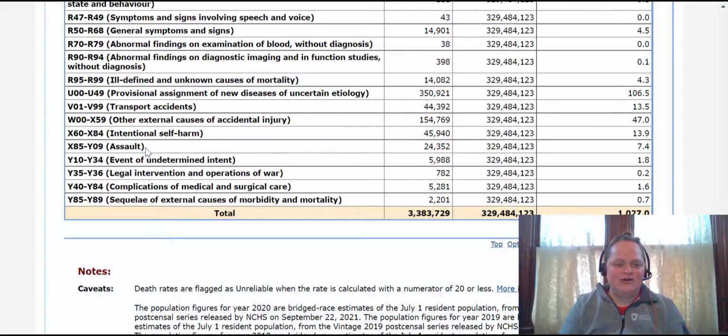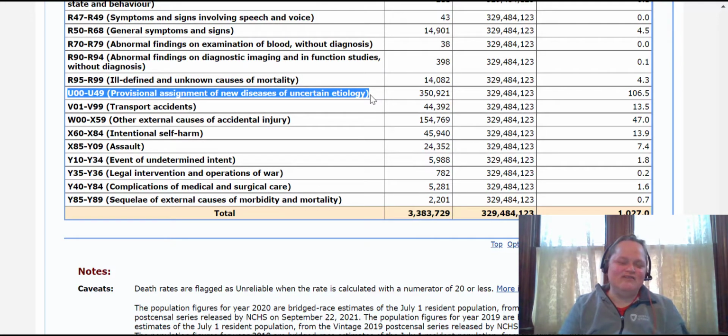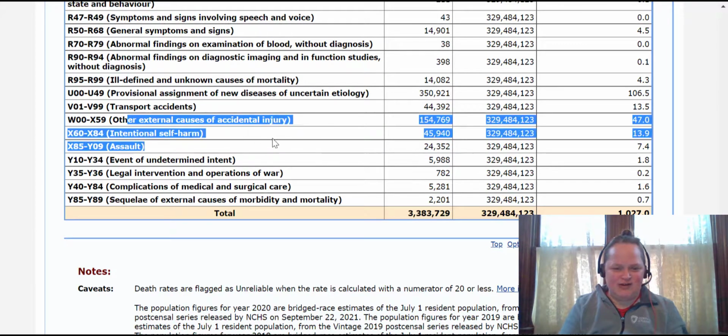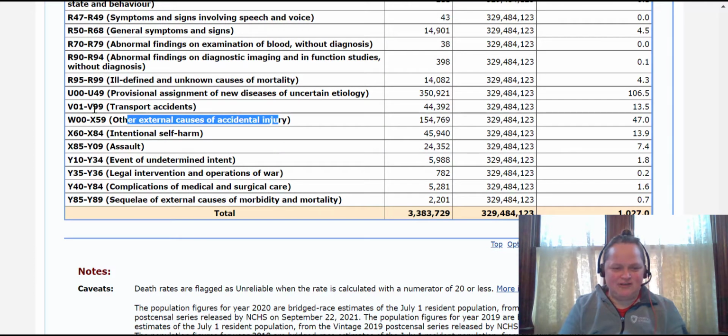Again, remember that COVID was in here. It was U07, and the U's are kind of like unknown, and these are the provisional ones. They're kind of placeholders until you can get a permanent code. And so you can see, okay, other external causes of accidental injury is W's.